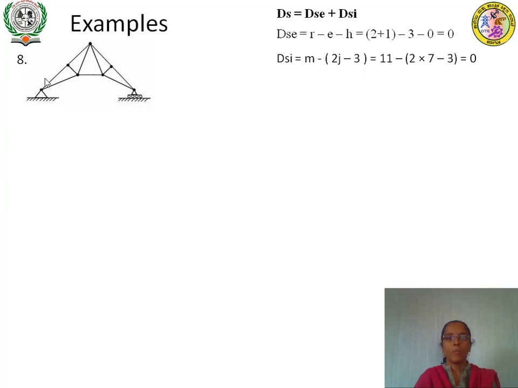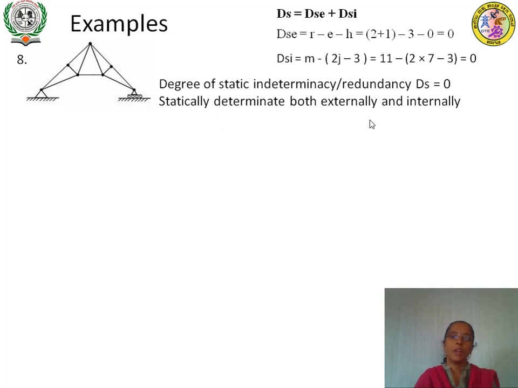Number of members 1, 2, 3, 4, 5, 6, 7, 8, 9, 10, 11 members are there. 11 minus number of joints, 1, 2, 3, 4, 5, 6, 7 joints are there. 11 minus 2 into 7 minus 3. So that will be 0. So hence the degree of redundancy is 0, and it is determinate both externally and internally.